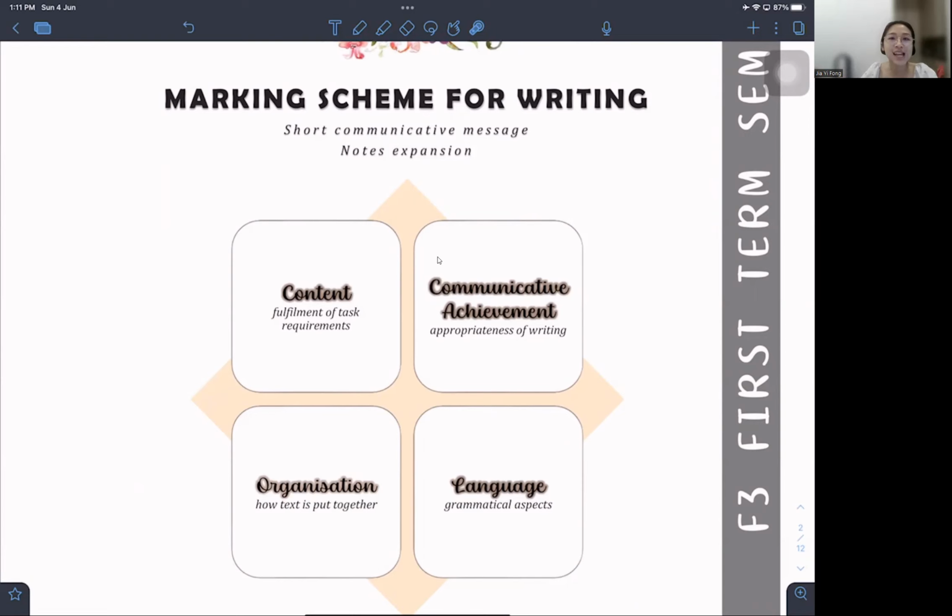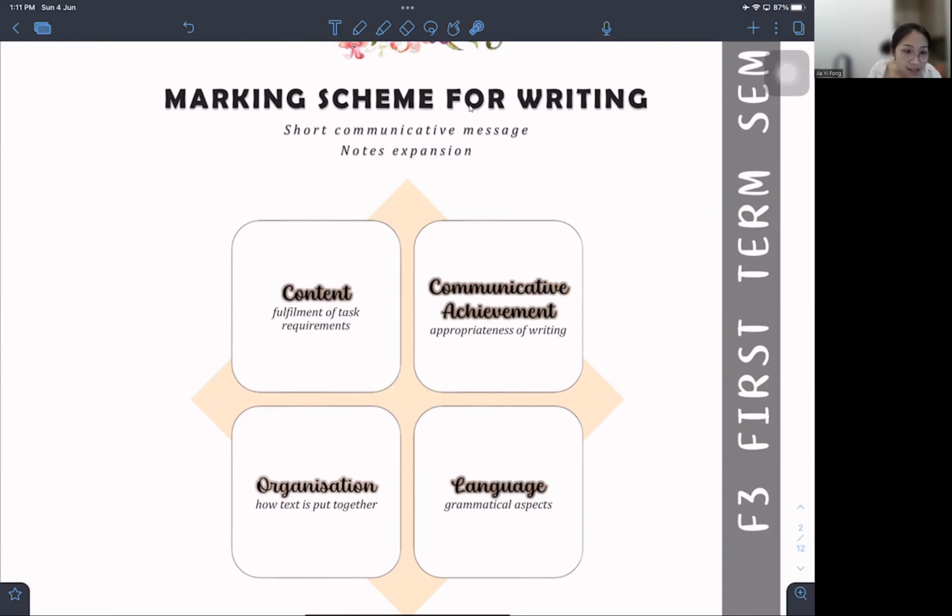Now, everyone, let's start off with our marking scheme. It is important for you to understand how your teacher is marking your essay, so that you can give whatever your teacher is looking for.